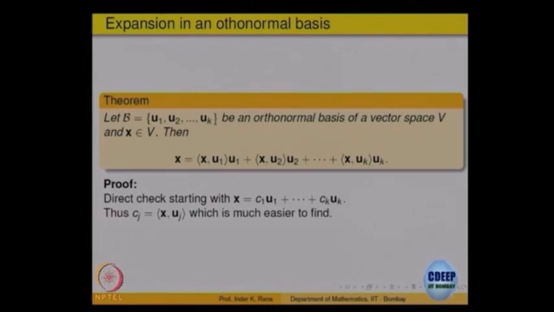And those scalars are precisely the dot products of x with u1, u2, ..., uk. So if you are given an orthonormal basis, the coordinates are immediately known. Take the vector, form its dot product with the corresponding basis elements, and you get the corresponding coefficients. That is the advantage of an orthonormal basis.